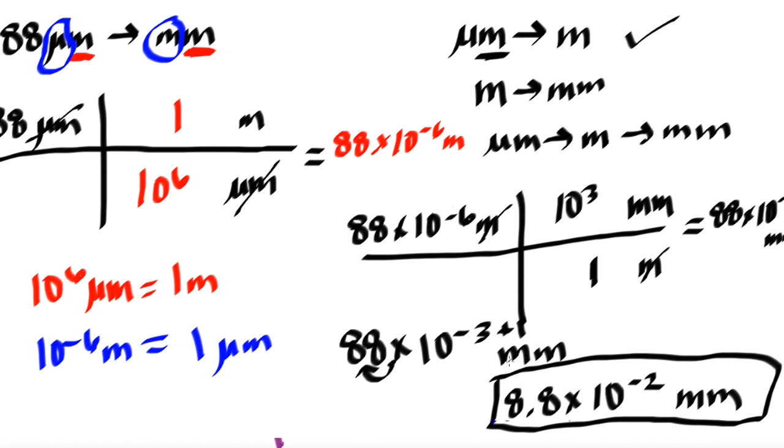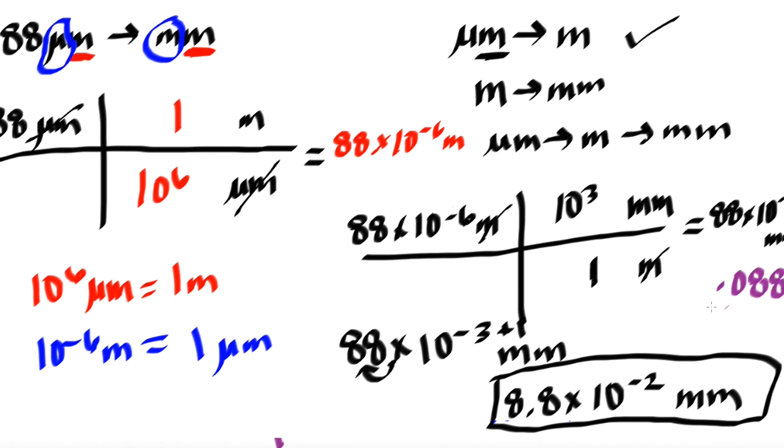All right, 88 times 10 to the negative 6 times 10 to the 3rd. If you plug this in your calculator, just to clarify, I'm going to write it in purple. Where's my purple? There it is. If you put 88 times 10 to the negative 6 times 10 to the power 3rd, it's going to go ahead and shoot back to you 0.88. You're welcome to just leave that in millimeters.